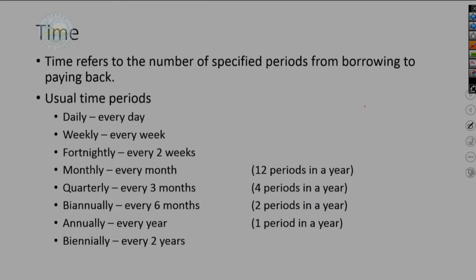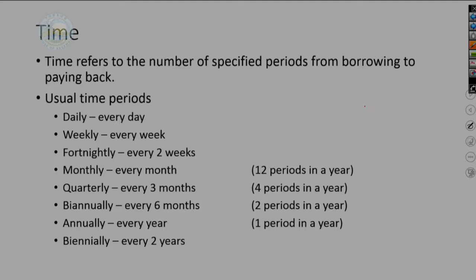Because our time period refers to the specific number of periods for borrowing, from borrowing to paying back. Now, we can have daily time periods, weekly time periods, fortnightly time periods, monthly time periods, quarterly time periods, biannually, annually, biennially, and so on and so forth.